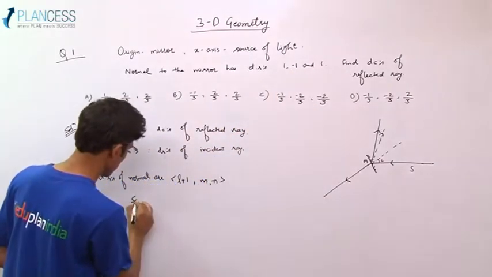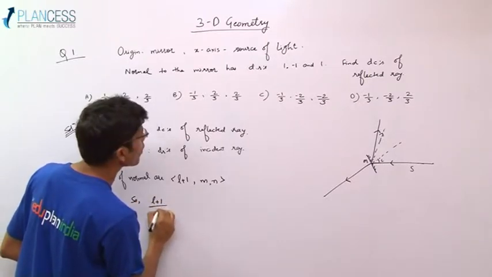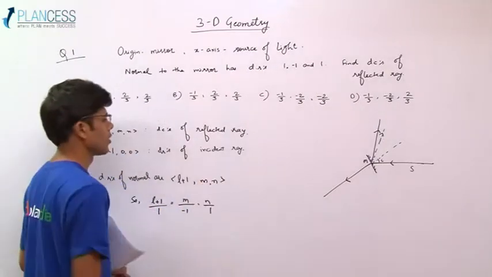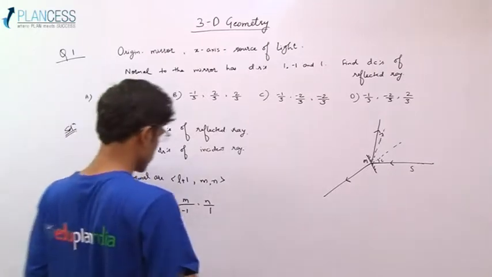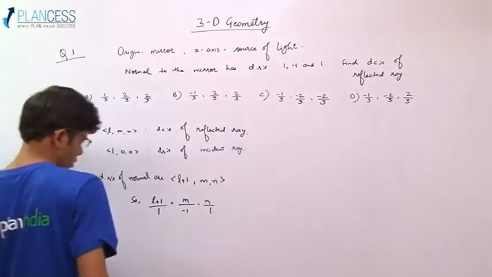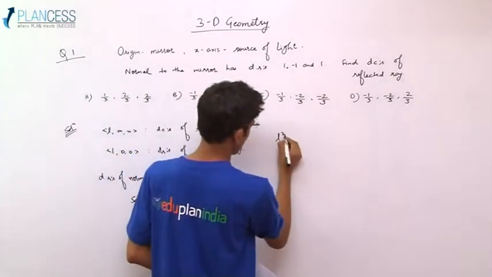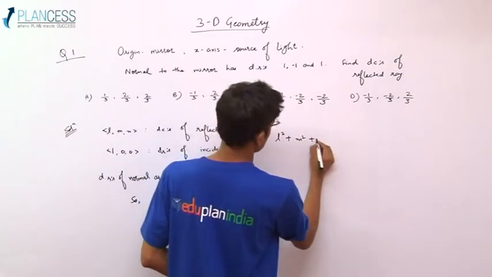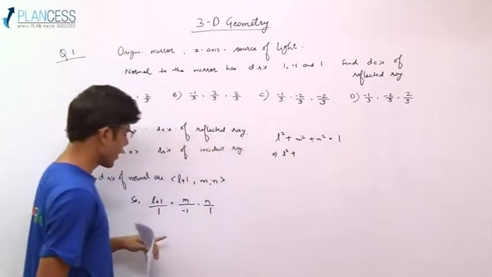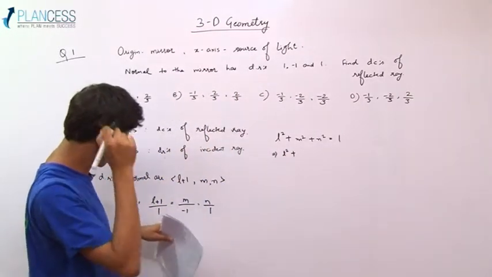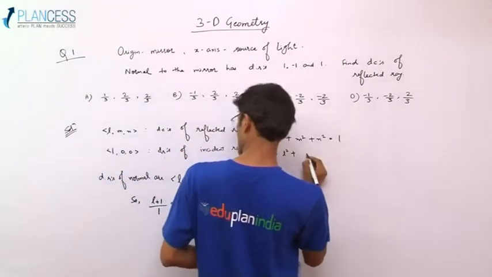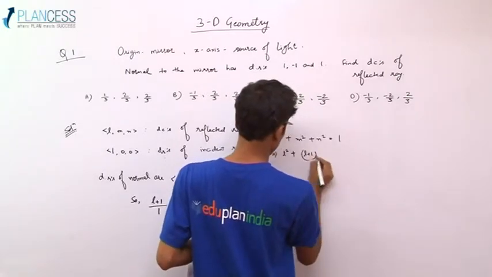So L plus 1 divided by 1 should be equal to M divided by -1 should be equal to N divided by 1. So this is what I get. Now we know that L square plus M square plus N square is equal to 1. Therefore we can write M in terms of L as minus 1 into L plus 1, so this is again L plus 1 whole square.